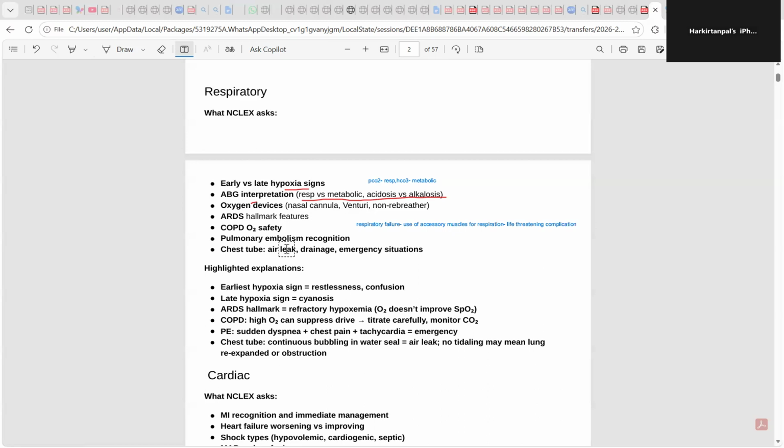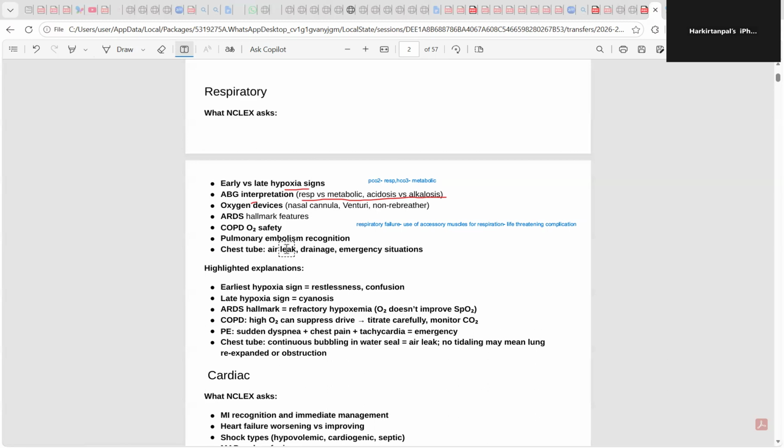And the tidaling indicates that during inspiration and expiration, the tidaling can be noted in the water seal chamber, that is in the tube, and that is normal. The water level moves upward while the client is inspiring, and while the client is expiring the water level goes down, that is the tidal.